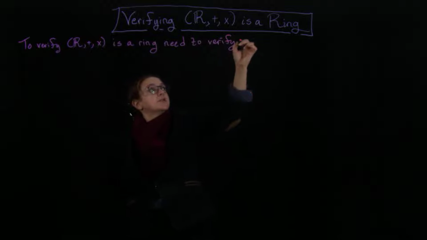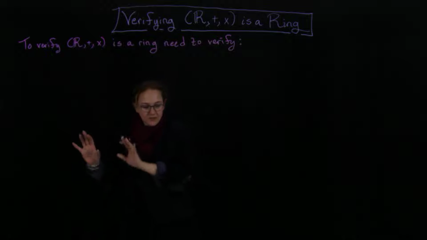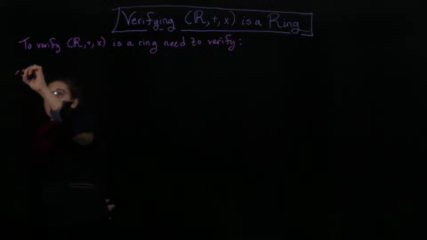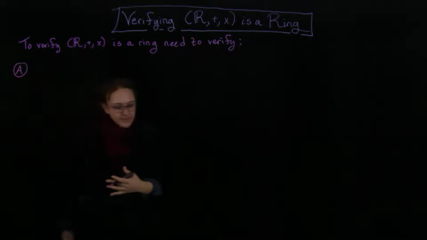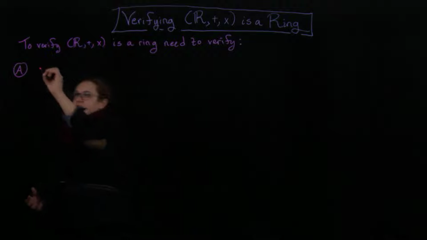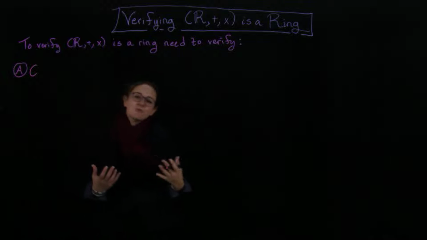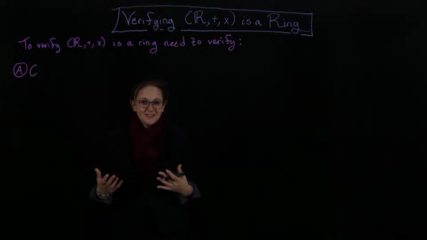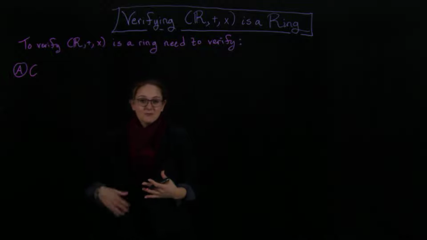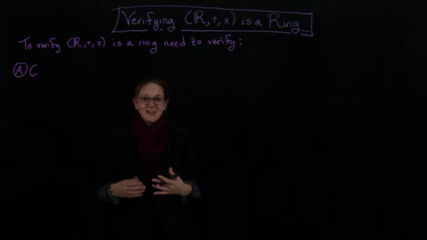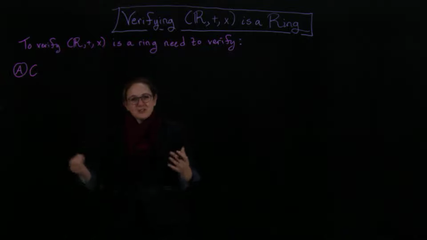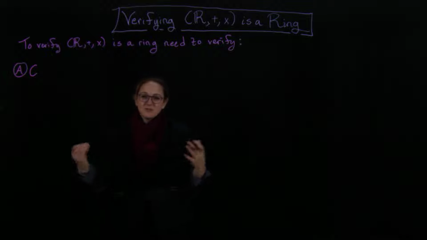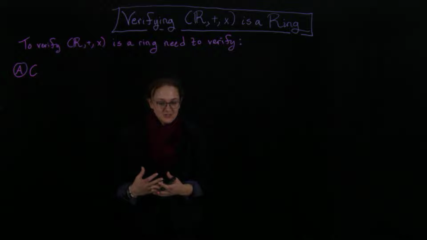So there's kind of two classes of things that you need to do. The first one is that we actually have the correct kind of object. This is what I was saying. If I'm talking about units, I'm not talking about a ring, I'm talking about elements of a ring. You need to make sure that you're actually talking about the correct kind of object is the first thing when you're talking about whether something satisfies the definition, okay?